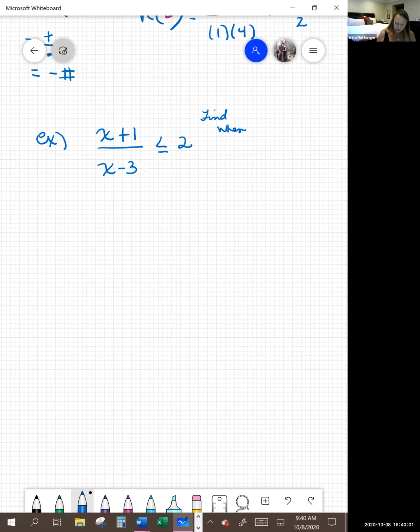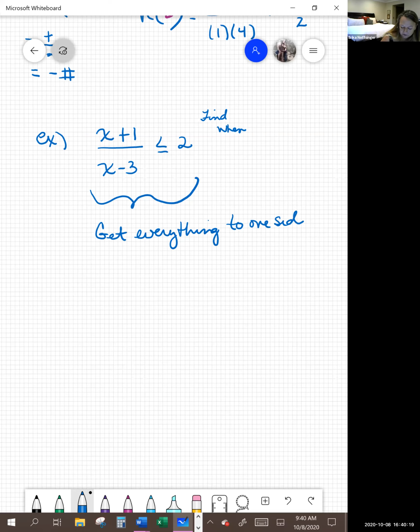And so when you're solving these, the first thing that you want to do when it's a rational inequality is get everything to one side of the inequality, not equal sign.